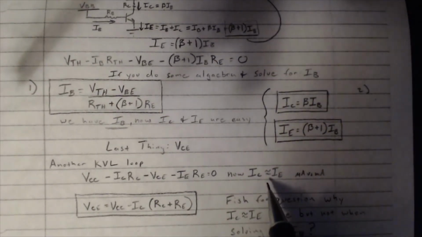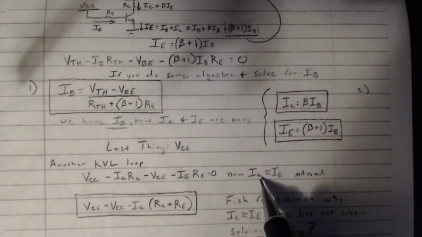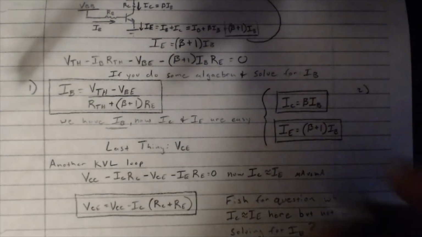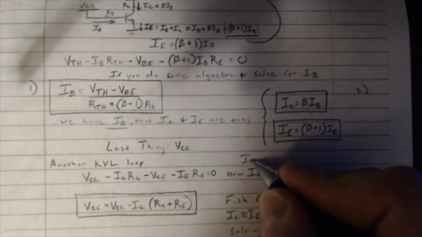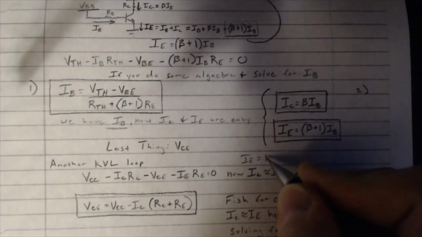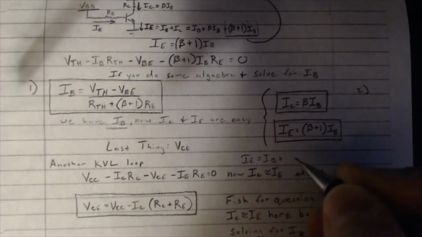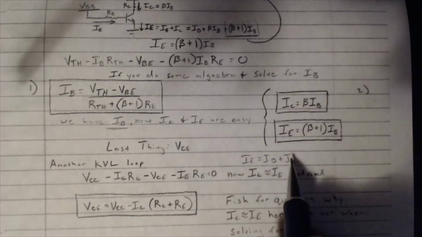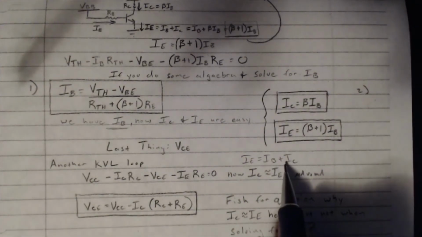Okay, so what I'm saying is that the contribution of the base current to the emitter current is very small. It's almost negligible, right? Because IE is equal to IB plus IC. This is true. It's just KCL, right?